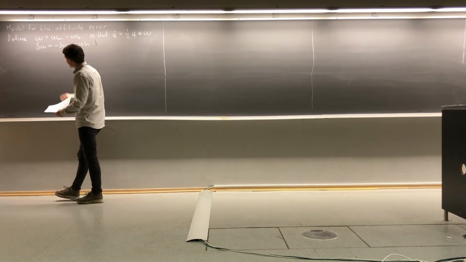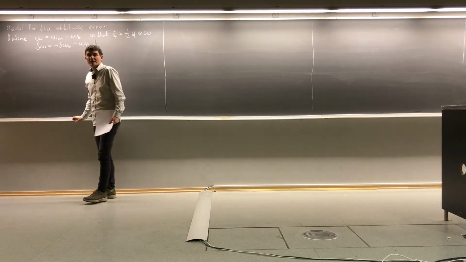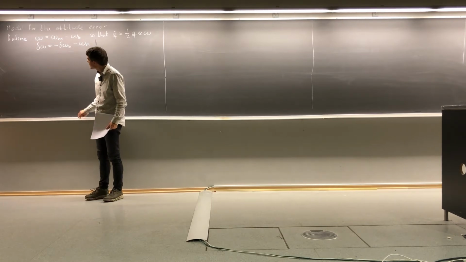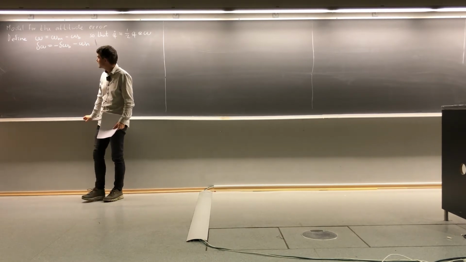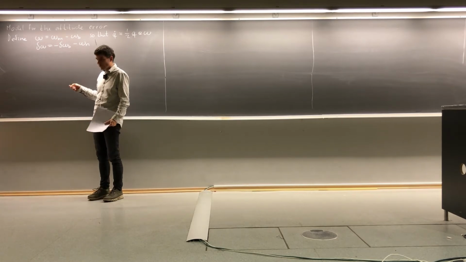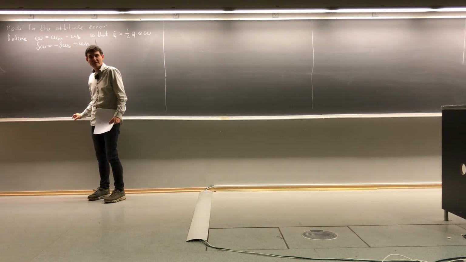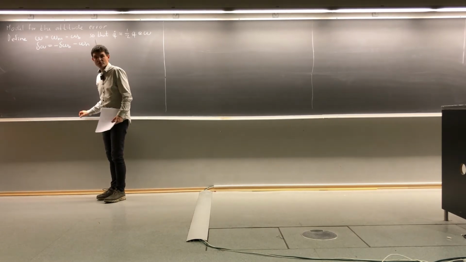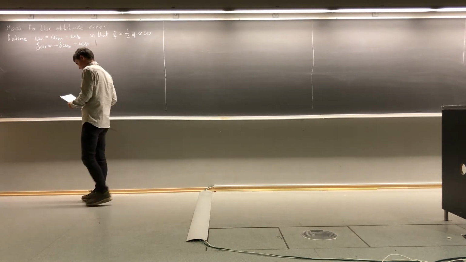This thing I call delta omega, in contrast to when we talk about the delta v, is not something that we actually ever implement. Delta omega is not part of the state vector, but it's useful in the derivation to have this.